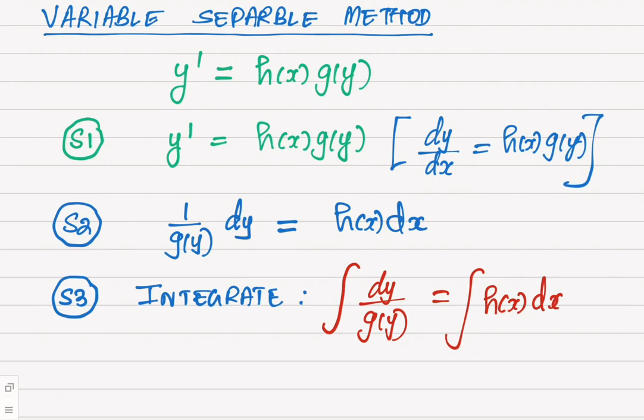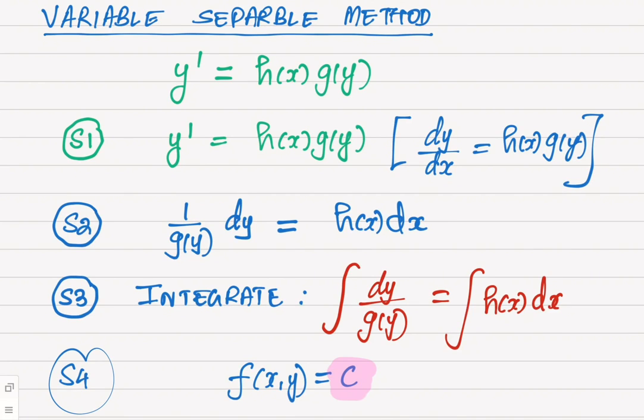And then the next step is to simplify and write the solution to this differential equation, which would be of the form some function f of x comma y equal to an arbitrary constant. If an initial value is given, then we can figure out what this constant is, but if the initial value is not given, we can leave it as is. And that's how we solve by the variable separable method.